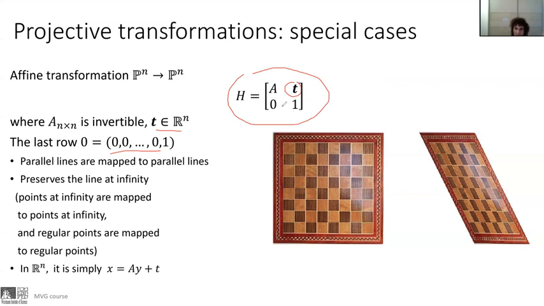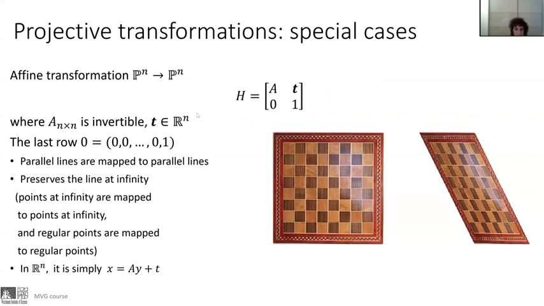Any homogeneous coordinate given in Pn is transformed to another homogeneous coordinate given in the respective Euclidean space, but due to this 1 and 0, the last entry of the coordinate does not change. It stays 1. So it's easy to think about it like this.